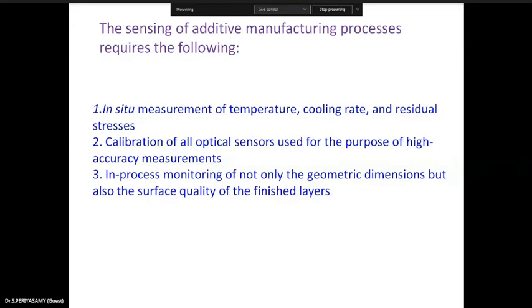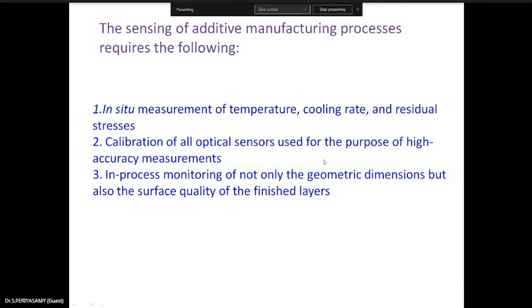Then you may have an undercut, that is, you are depositing one layer on another layer. Above the substrate, you are forming a number of layers, layer by layer. That is printing line by line, covering the surface, then line by line covering the surface. In that case, you may have an undercut.